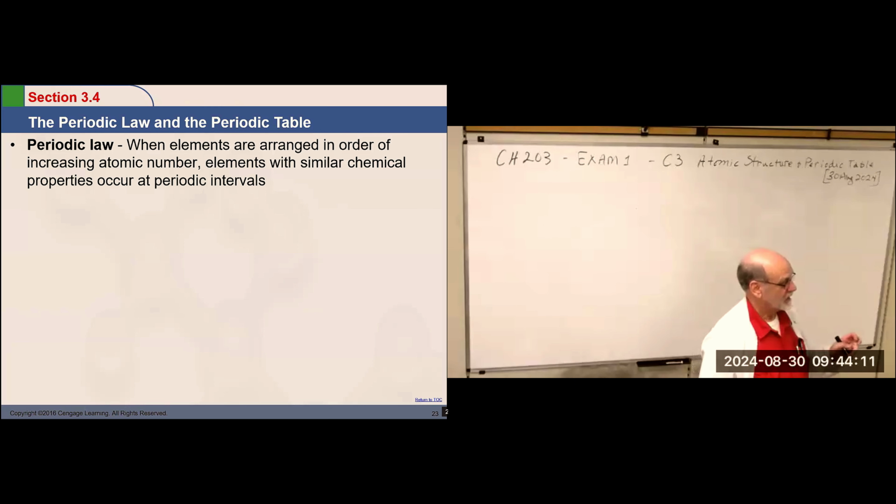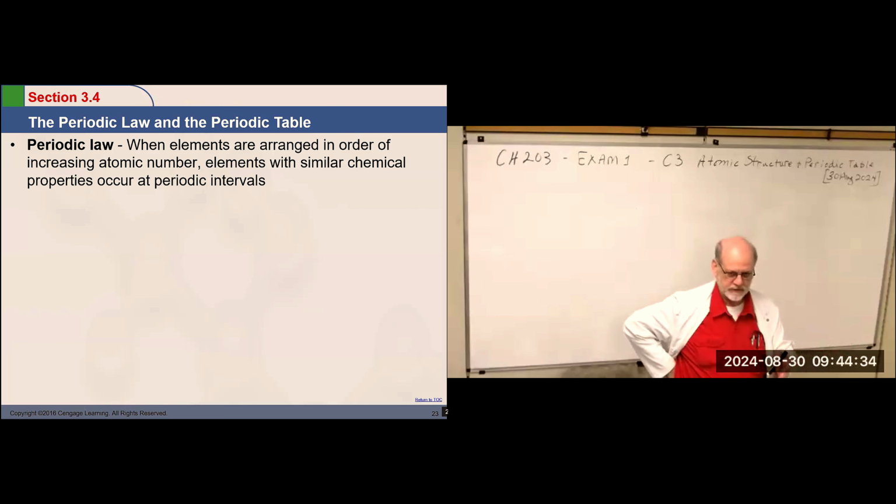Well, it goes back to, trying to think of his first name, Mendeleev. Mendeleev, who put the first periodic table together. He was Russian. That was before the communists came in. They were actually doing some useful stuff. Once the communists came in, the country just went downhill.